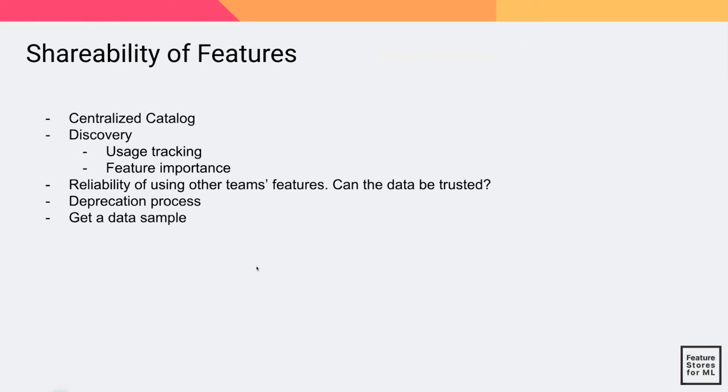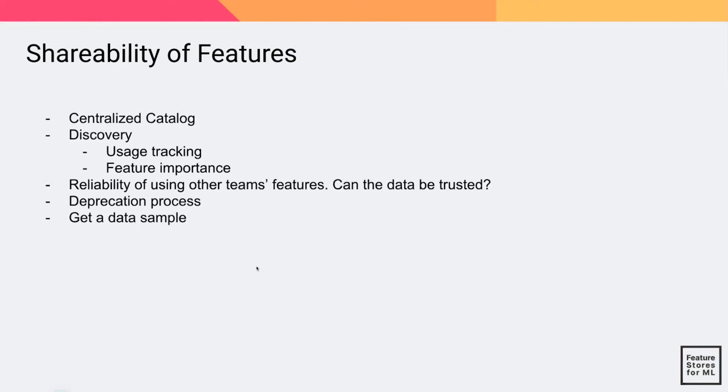Yeah, so here are some key points of how we think about shareability of features. Beyond just having a centralized catalog, discovery is really important, especially at bigger companies who are really ML heavy. If you had like 10,000, 50,000 features, it's not really helpful if you don't know which ones to use. So you have the same problem.